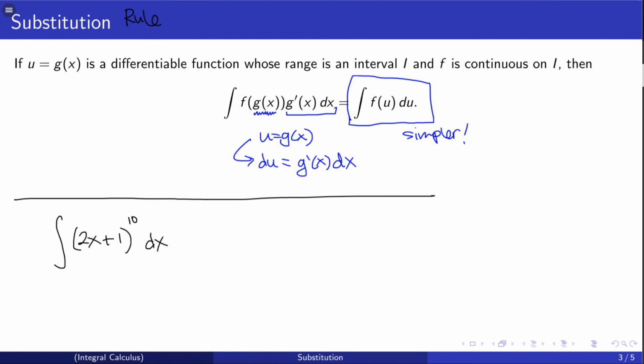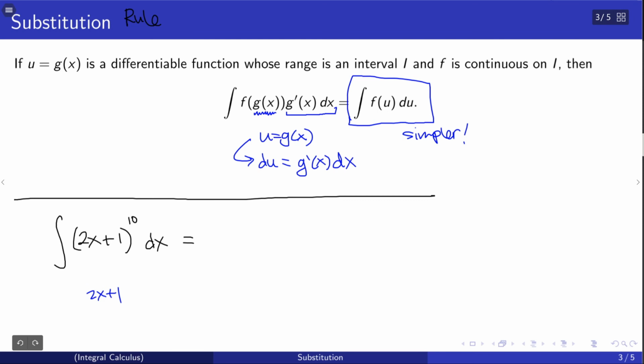Okay, so what should we do? Well, using this idea that we did in substitution, it kind of looks like you have an inner function here, right? You're raising something to the 10th power, and it's not just x. It's another function inside that's 2x plus 1.